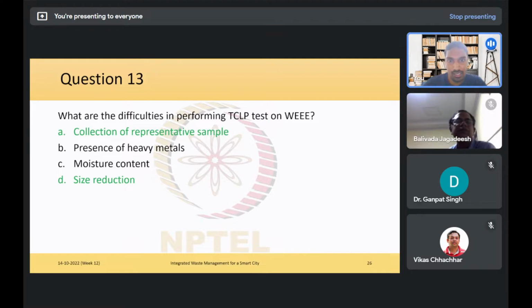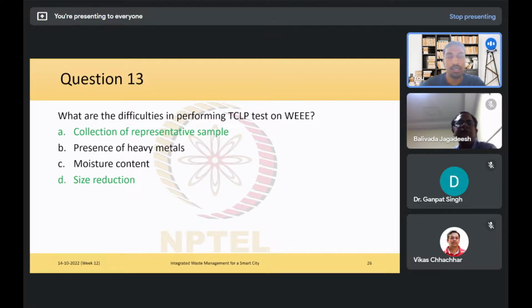If we just take the casing, mostly it could be plastic these days, so if we take the 100 grams from that, we would not find any harmful substances there, because it is just plastic. So that may not be a representative sample, as it is not representing what is actually present in the e-waste as a whole.